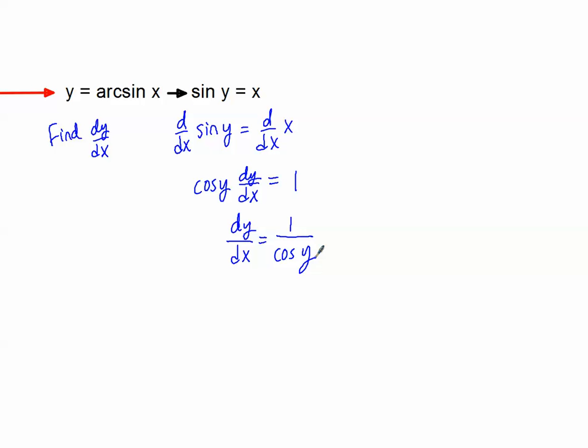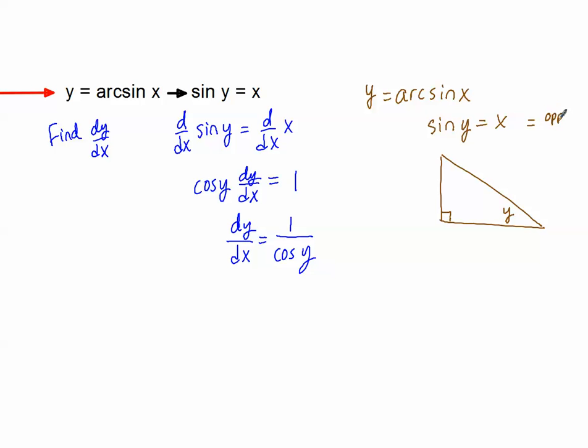This has yet to look like what we saw on the front, so there's a couple of ways to make it look like what we saw on the other page. Let's create our reference triangle. We started with the arcsine of x equals y, and this means the sine of what angle gives us x. Make our reference triangle. The angle is y, so put y in there. Sine is opposite over hypotenuse, so it's like x over 1.